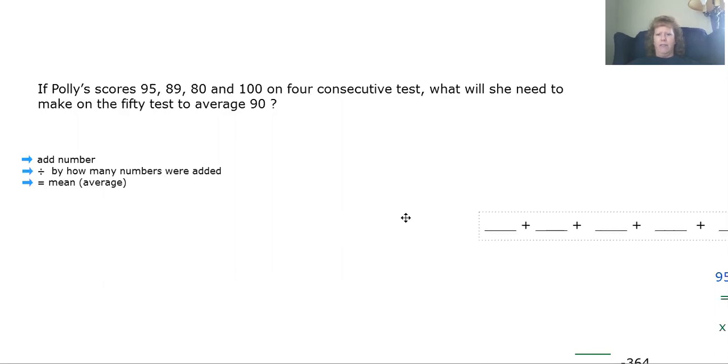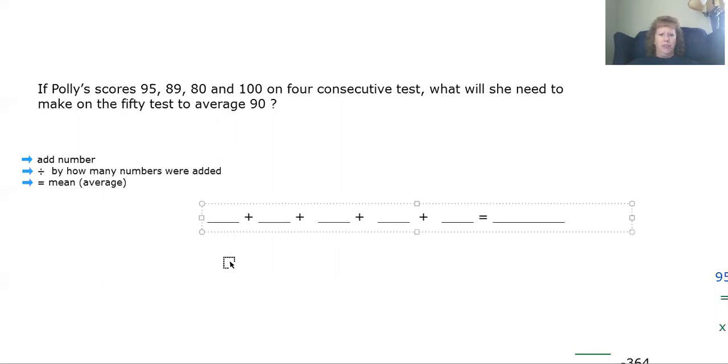So if I add up all the numbers, 95, 89, 80, and 100. And I want them to equal 90 as an average.